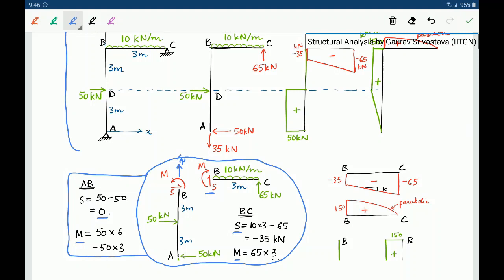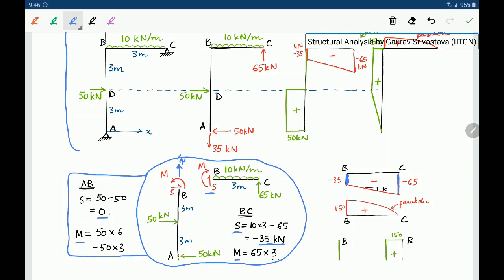Now we may consider individual members first. For member BC, the shear force value at the left end is minus 35, so we go down to minus 35. We also know that at the end C it has to come up by plus 65.